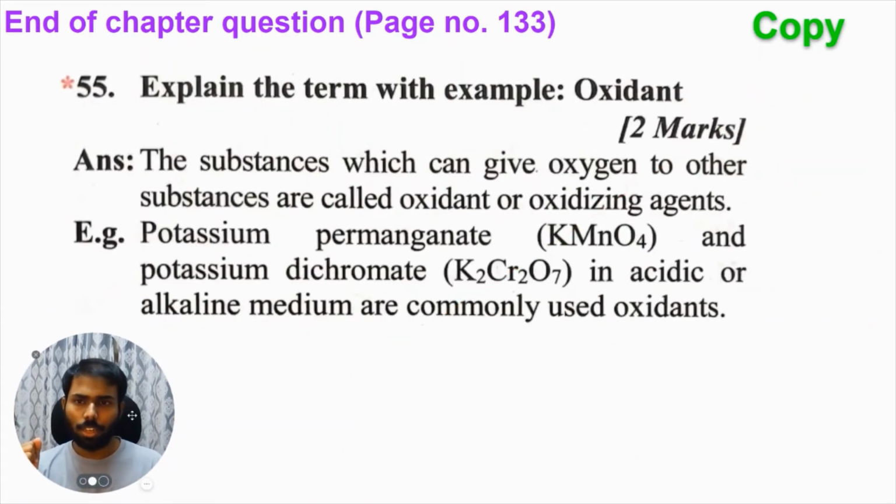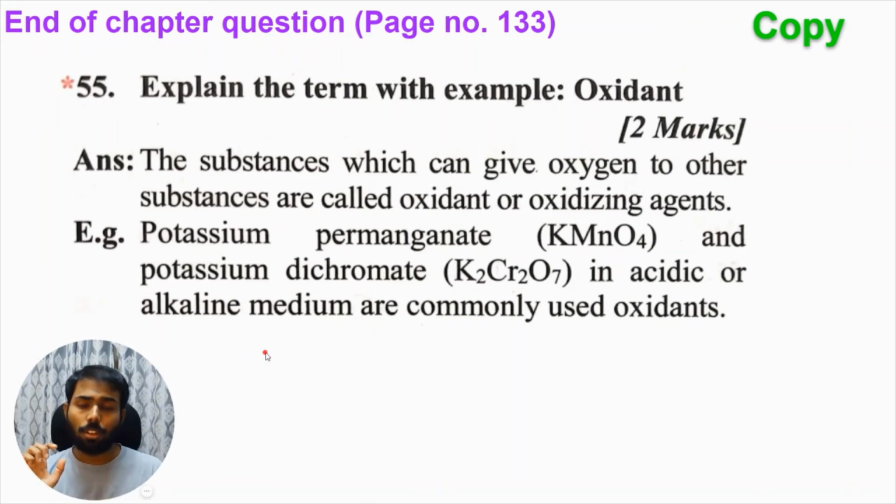Next, oxidant. We have seen oxidation and reduction. The substance because of which oxidation is happening is called an oxidant. The substance because of which reduction is happening is called a reductant. Another name for oxidant is oxidizing agent, and another name for reductant is reducing agent.